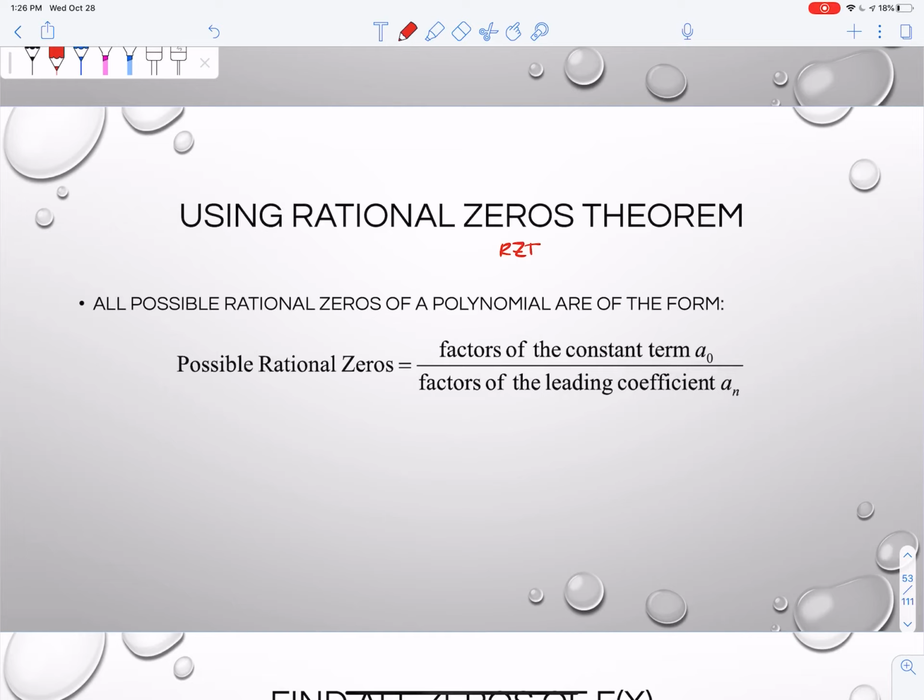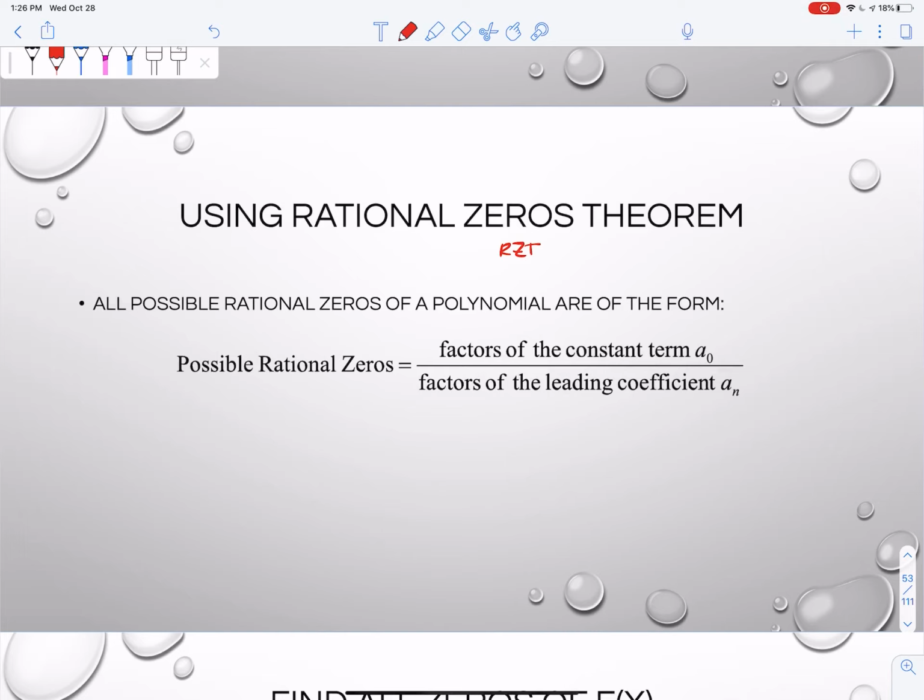I'm going to list the factors of my constant term a naught over all of the factors of my leading coefficient a sub n. And every single combination of those factors gives me a possible rational zero of the function. It doesn't give me the rational zeros themselves. It gives me possibilities that I then can go and test.